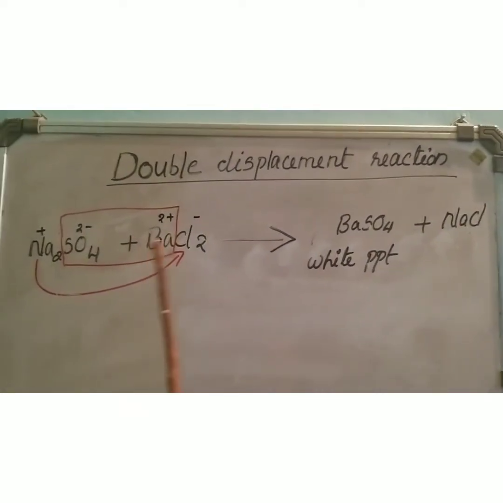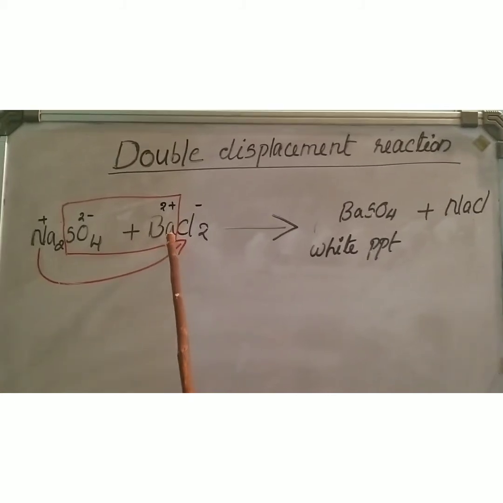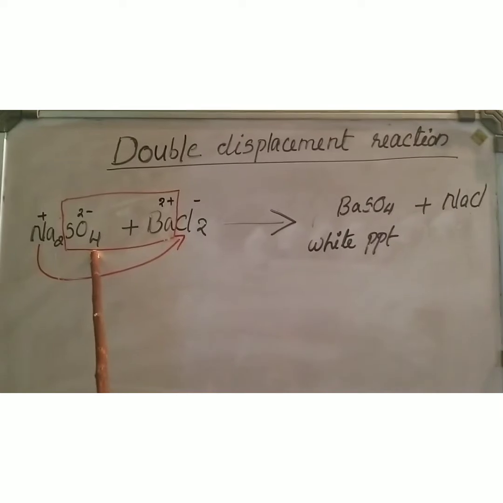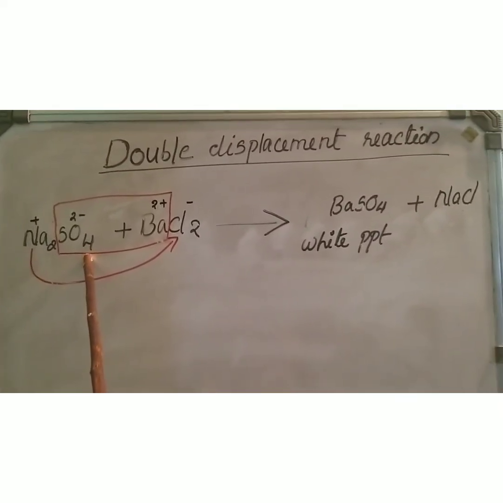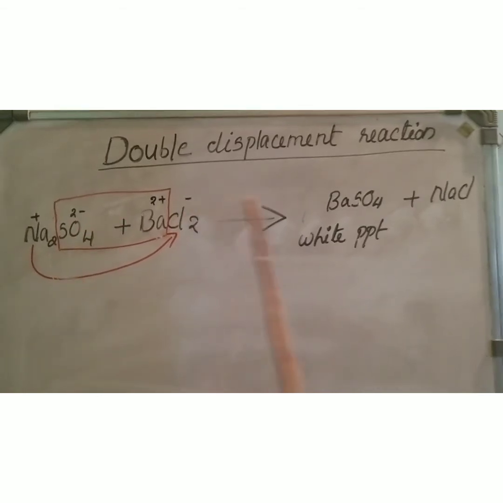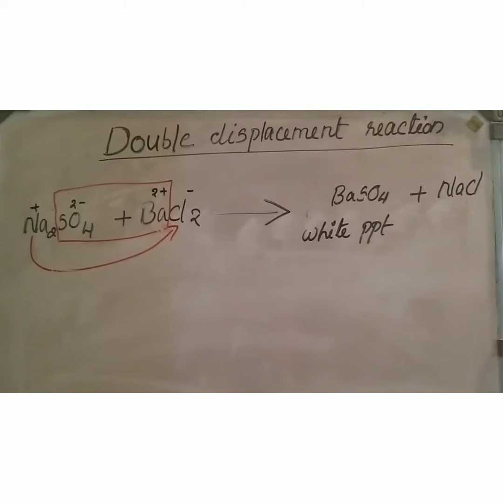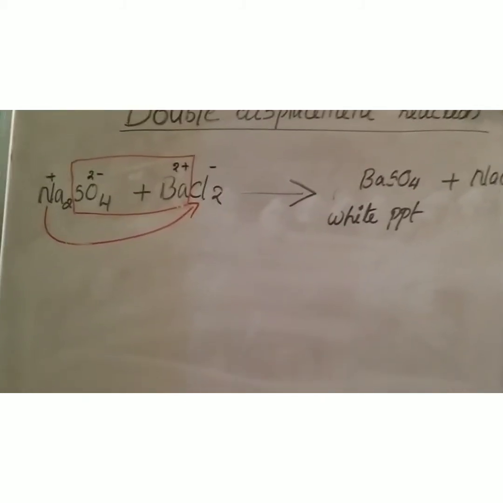Similarly, the positive part of barium chloride, that is barium 2 plus ion, combines with the negative part of sodium sulfate, that is sulfate, to form barium sulfate. Here, the reaction takes place by the exchange of ions. Is it correct?